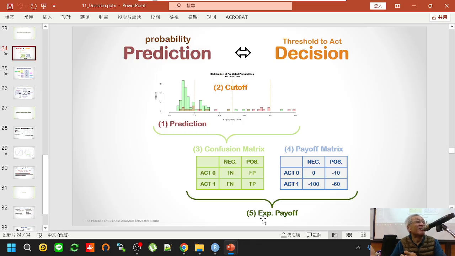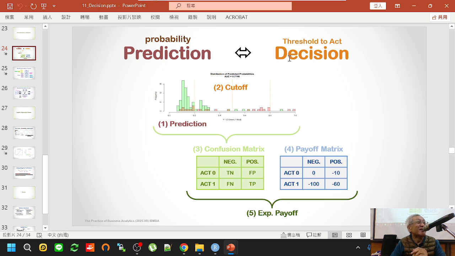And I told you again and again that the actual business analytics only gets started after you have the model. You do the model, you do the prediction. If you do not take action, that model would do no good to you at all. So we need to turn the prediction into a decision. That's the basic idea that we went through last week.